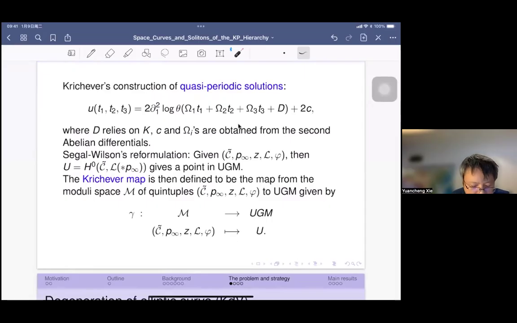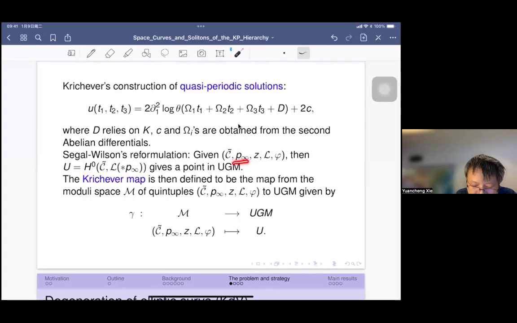So Segal-Wilson reformulated this story in the following way. We take the following set of data. First, C tilde is a smooth Riemann surface. On this smooth Riemann surface, we take a smooth point, P infinity.